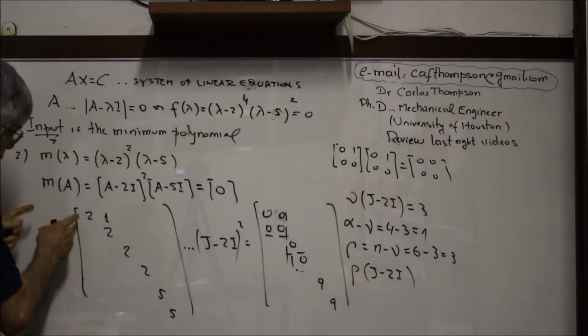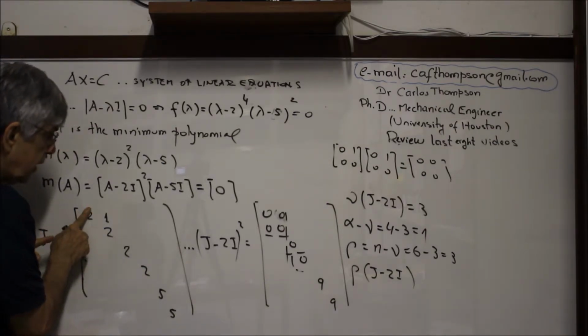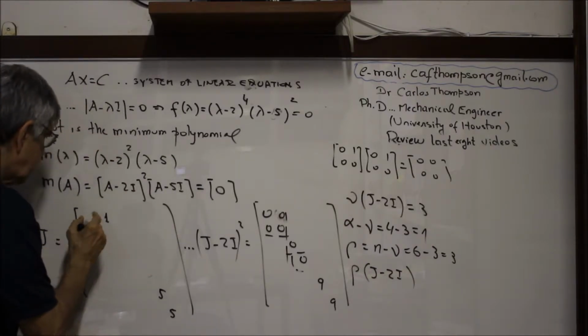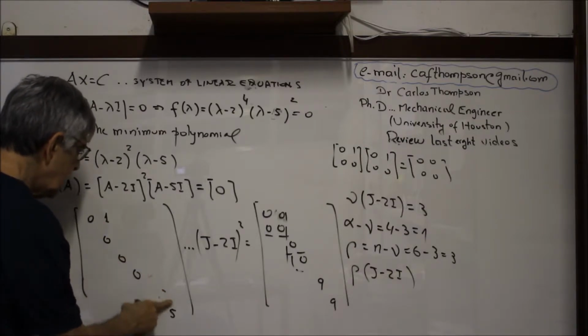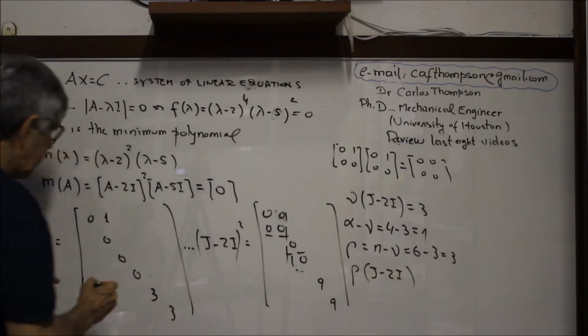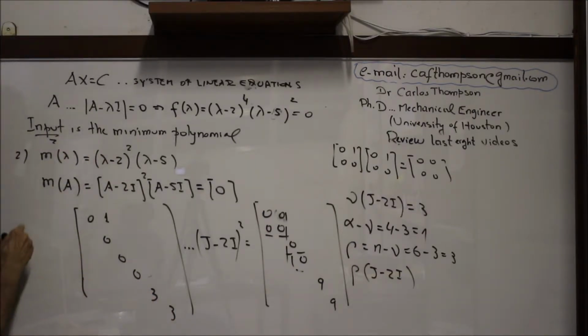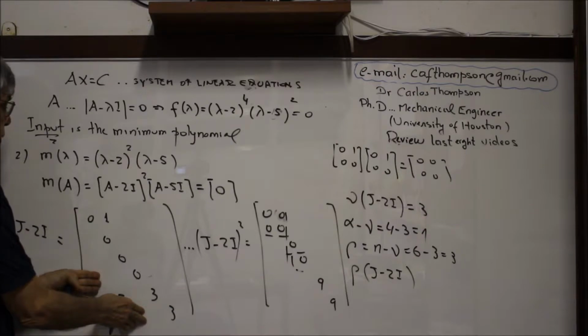Look at here. If I subtract 2 here, let's put it here again. Here, look. I'll put 0 here, 0, 0, 0. This is 3. This is 3. Now, let's see. This is J minus 2I. Now, let's see how many pivots I have here.